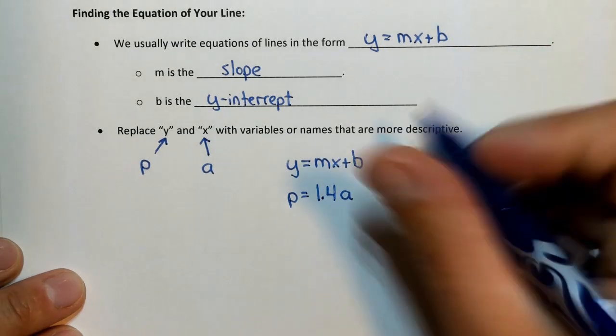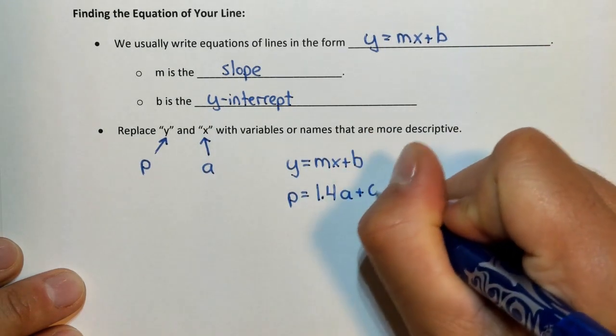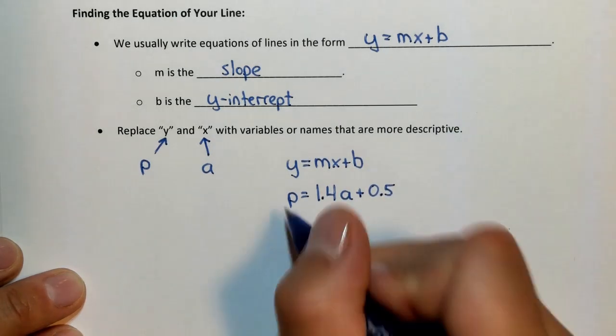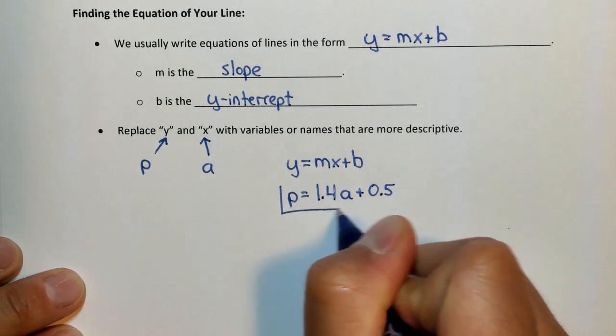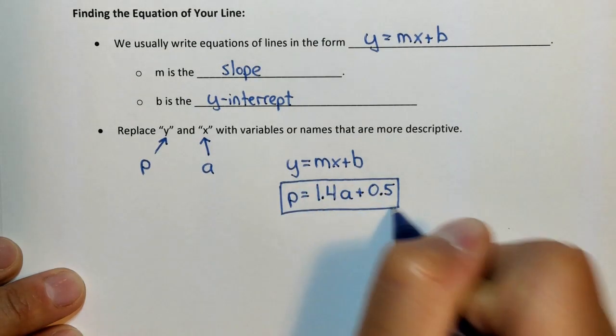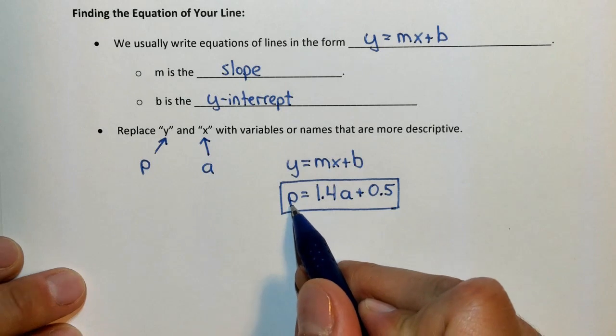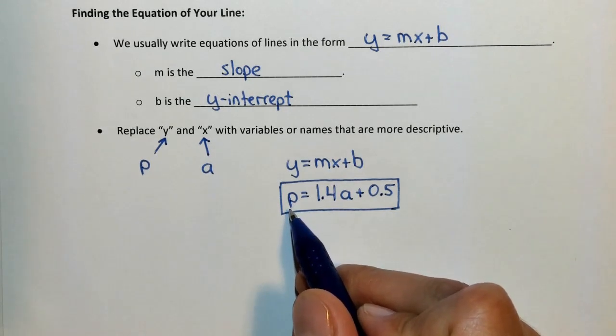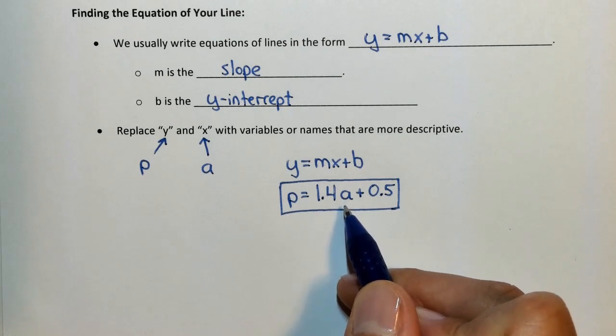And instead of b, I put my y-intercept of 0.5. Now I have all the results of my analysis nicely packaged into one equation of a line. And this tells me exactly how much popularity I can expect, measured in number of gifts, for any amount of assessment I do, measured in number of quizzes.